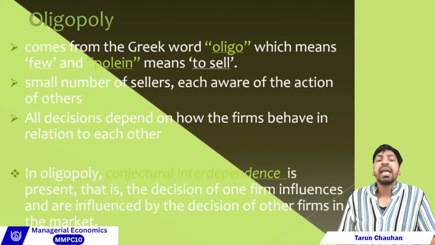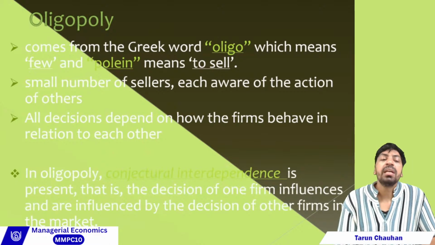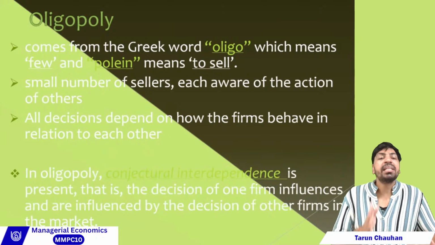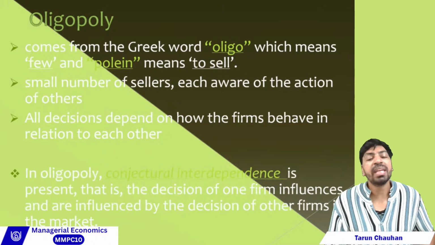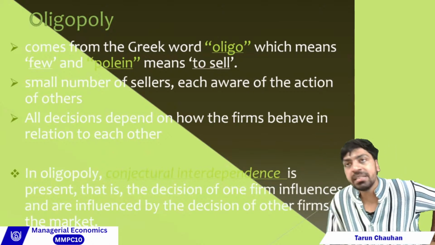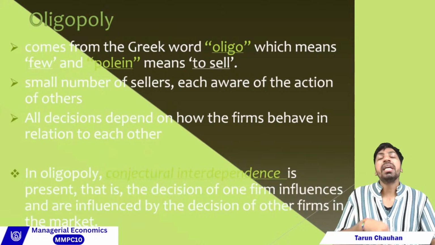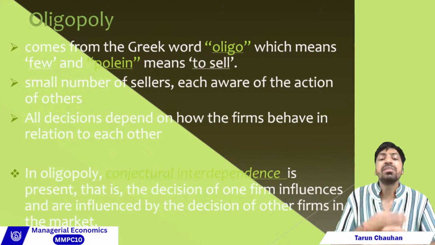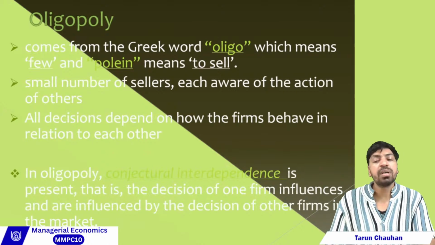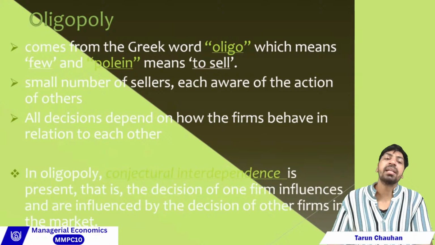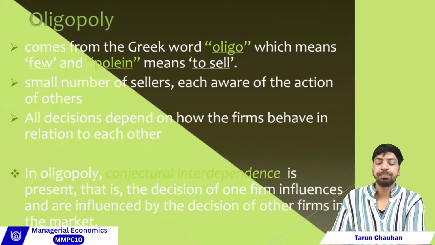That means in oligopoly, conjectural interdependence is always present. That means it's interdependent on each other. So whatever the decisions of one firm also influence the decisions of the other firms in a market, and that's called the oligopoly.